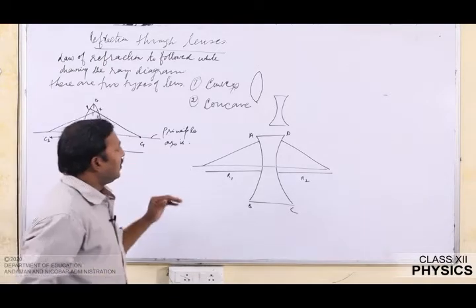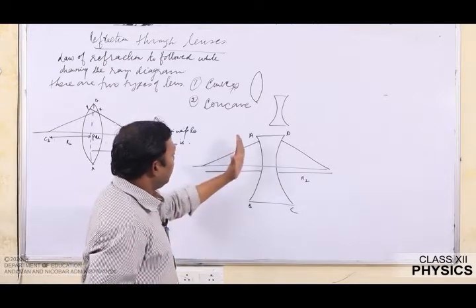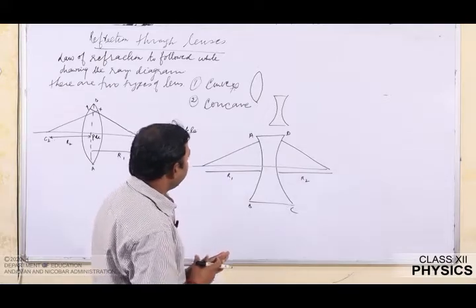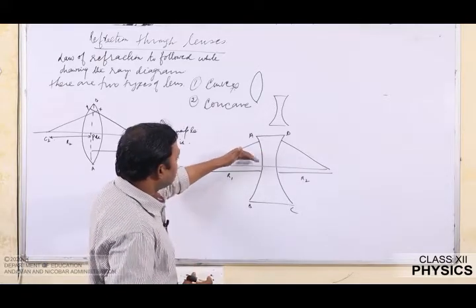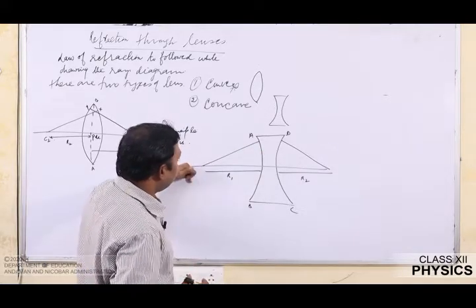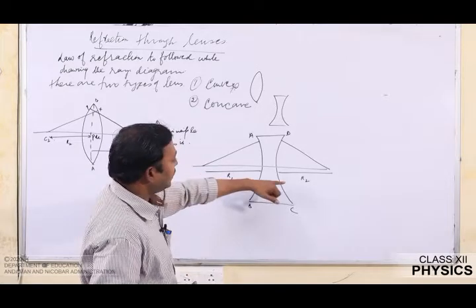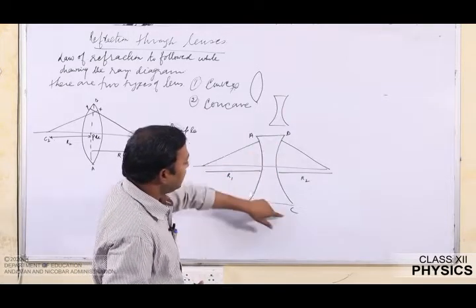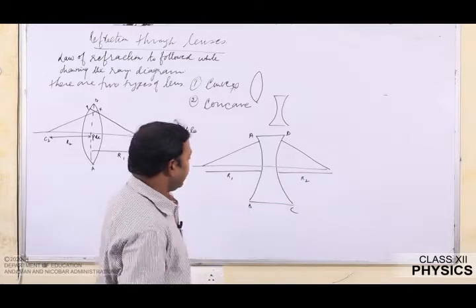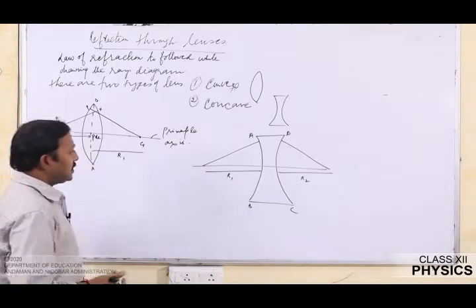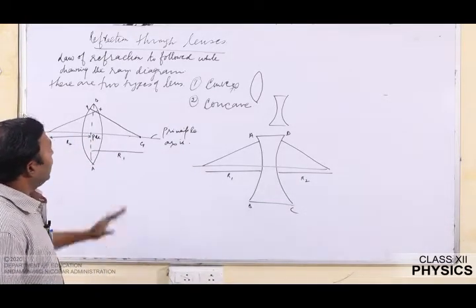Now, for the case of the concave lens, it will curve inward. The radius for the first surface lies towards the left hand side, whereas the radius R2 for the surface DC lies towards the right hand side. So, these are the differences between the two lenses.